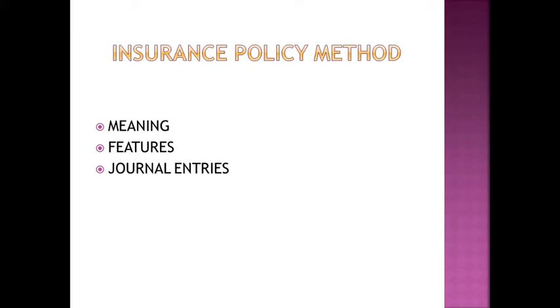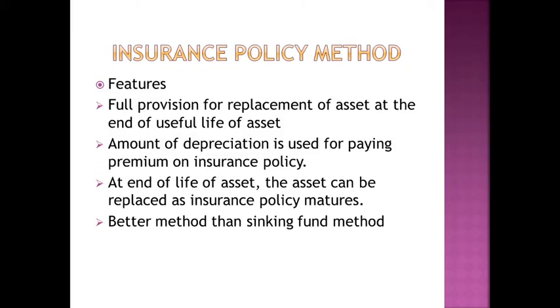The premium is debited to profit and loss account and credited to depreciation fund account. At the end of the stipulated period, the insurance company pays the amount insured, which is utilized for the replacement of the asset. Let us also observe what the features of the insurance policy method are. This method provides the full provision for replacement of the asset.